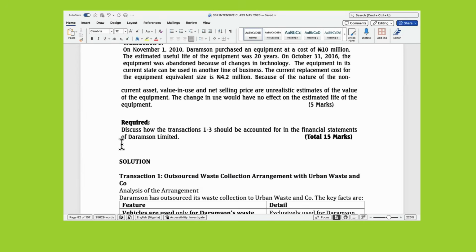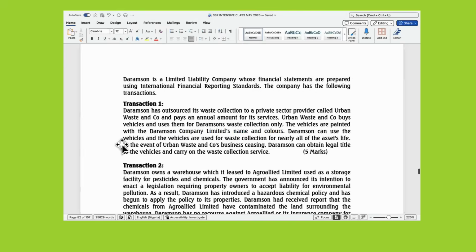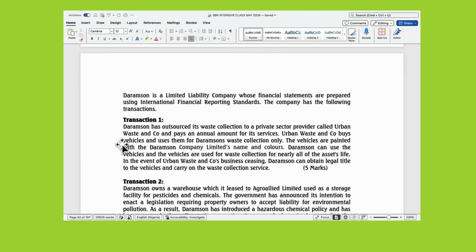So here now, they want you to discuss these transactions. So how do you go about that? Let's read what the transactions are about.